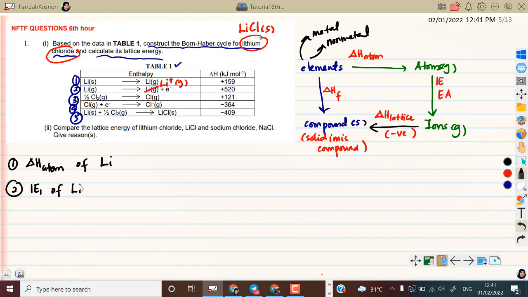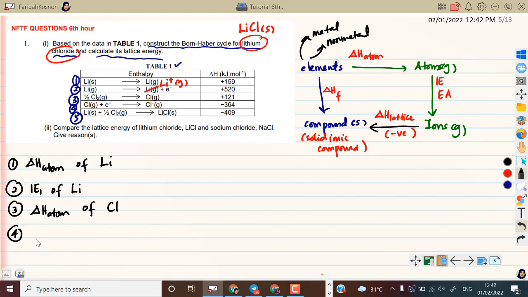Okay, the third equation, you can see 1 mole of chlorine gaseous atom is formed from its element. So this is the enthalpy of atomization of chlorine, where chlorine is the non-metal. Alright. Okay. Next question. Thermochemical equation number 4. We have chlorine gaseous atom gains 1 mole of electron and form 1 mole of chloride gaseous ion.